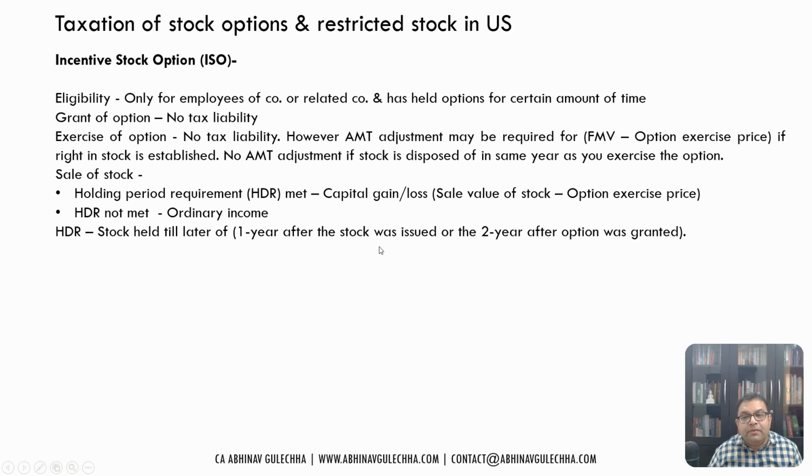The holding period requirement is that the stock should be held till the later of 1 year after the stock was issued, or 2 years after the option was granted. So you must have held the stock till the later of the two dates. Then you are said to have met the holding period requirement.